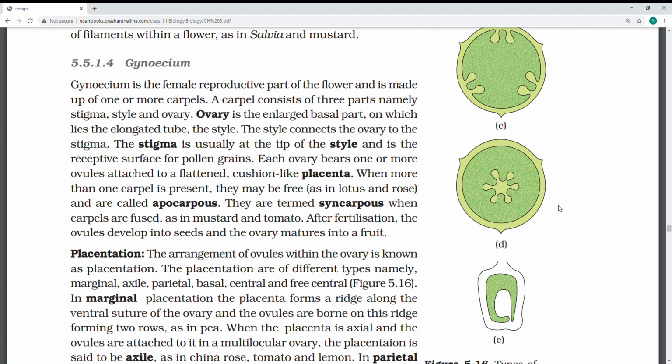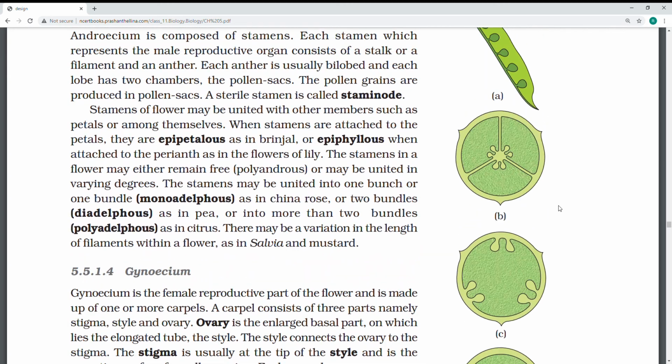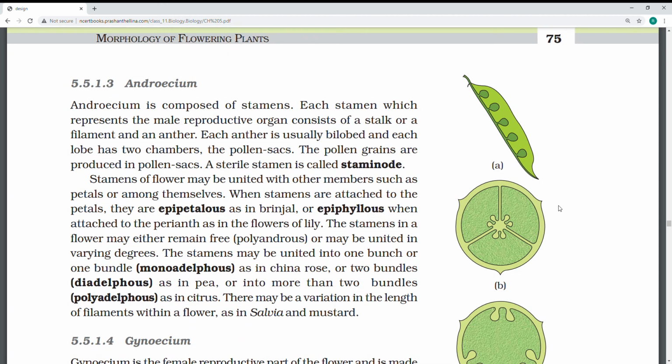See the examples of the types. The first one is marginal. See the pea plant, how the arrangement is.